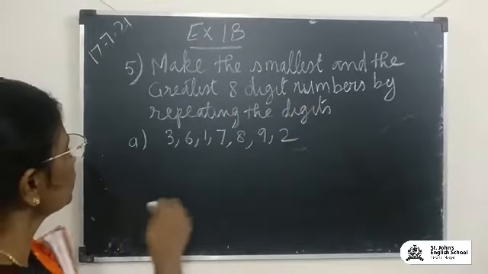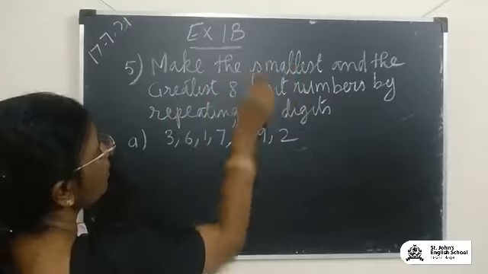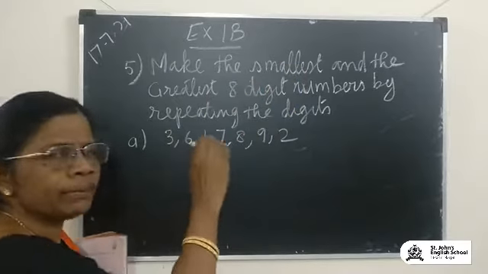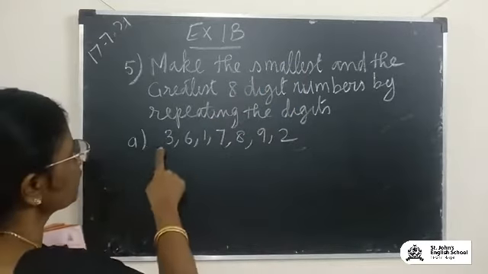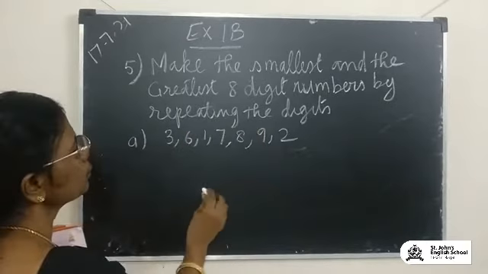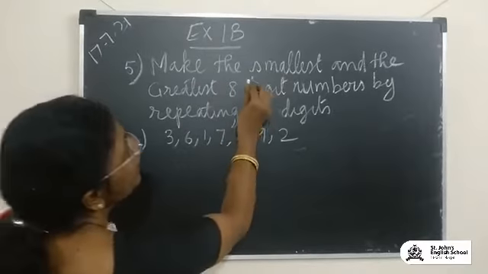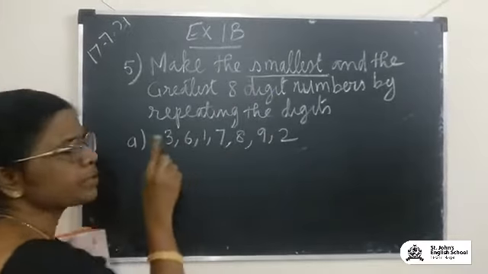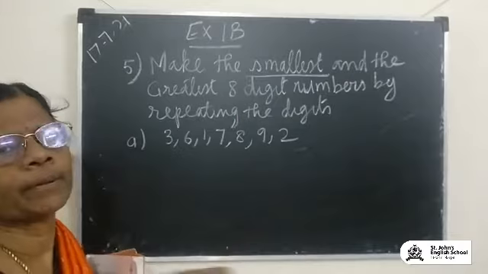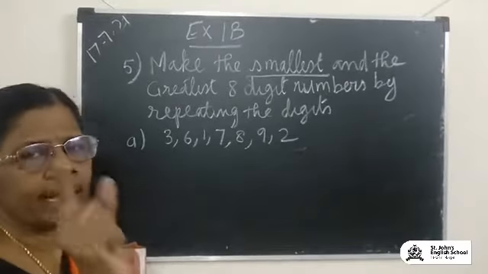First they give you the smallest number. The same as the previous sum, you have to arrange the numbers from small to big. But because only 7 numbers are given, for forming the smallest number you have to repeat the smallest number one more time. Then the 7 numbers will become 8 numbers.